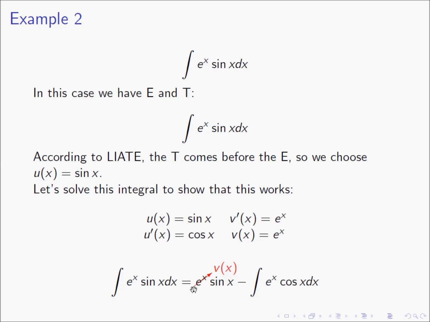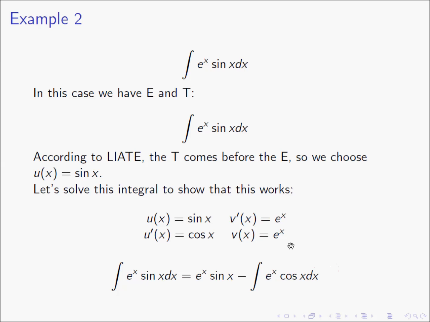Here we have that this equals v times u. Here v of x equals e to the x, and u of x equals sine of x, minus the integral of v of x times u prime of x. Here v of x is e to the x, and u prime of x is cosine of x.